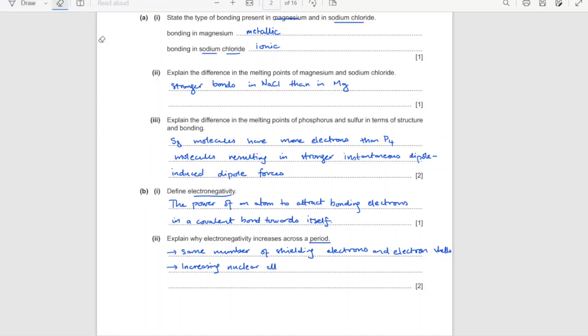I'll write this as increasing nuclear charge, which results in greater attraction between the nucleus and the bonding electrons.